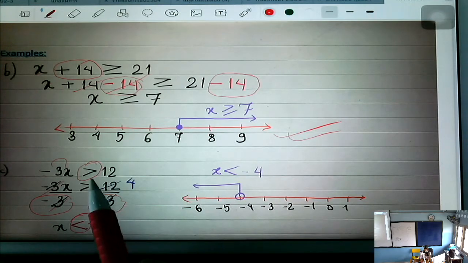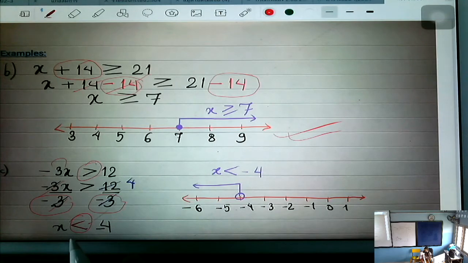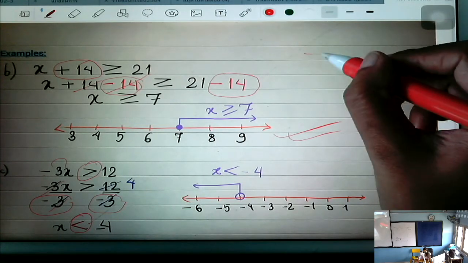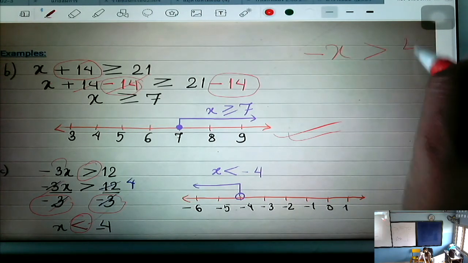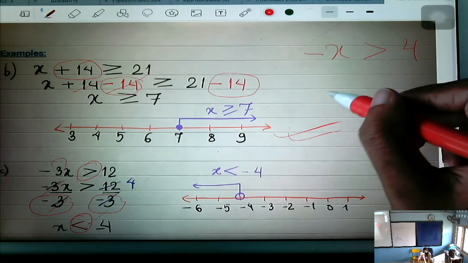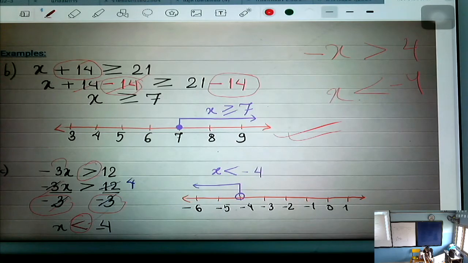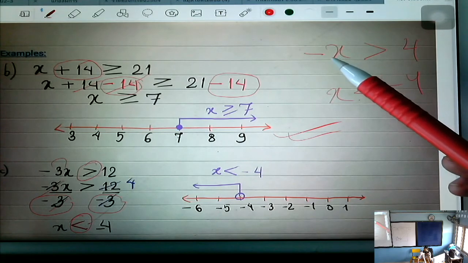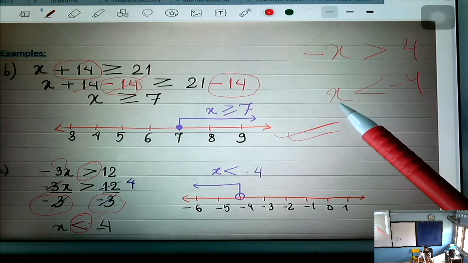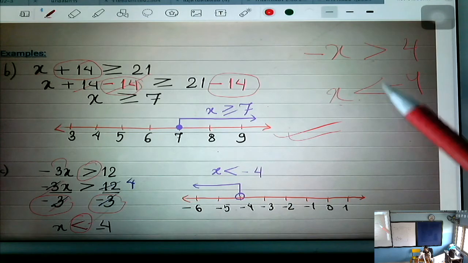Yes. First it was more than, now we have less than. That means first we had minus 3x more than 12, and after the sign change, we have x is less than minus 4. When you divide or multiply by a negative number, we change the inequality sign.